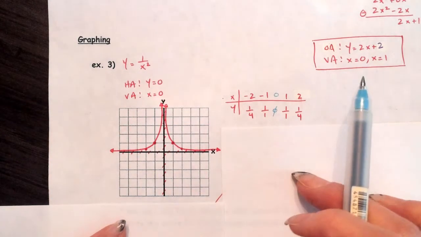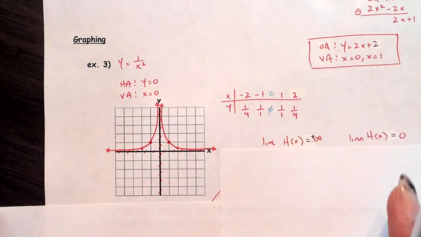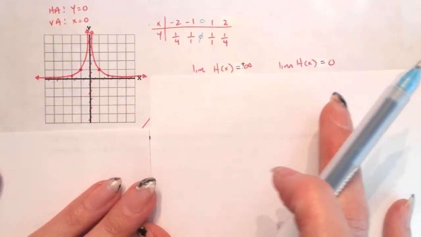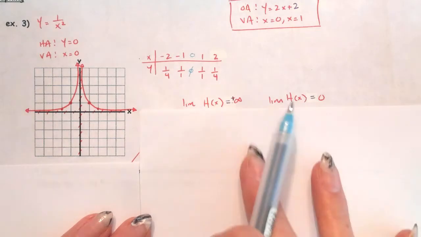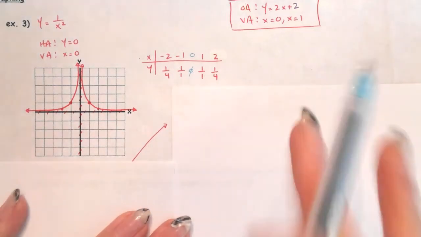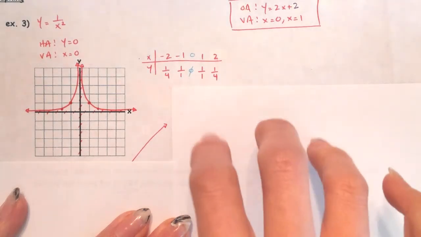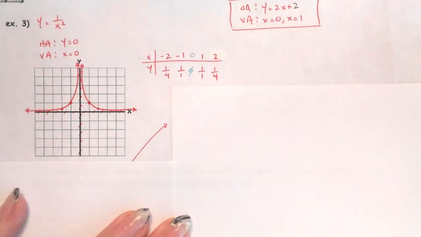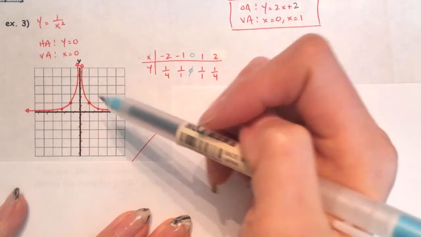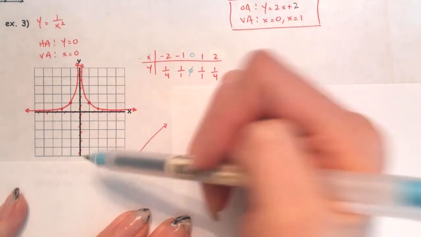Okay, so over here, these are called limits. I want you to write limits for every single graph that you draw. Limits are basically end behavior and also what's happening next to the vertical asymptote.